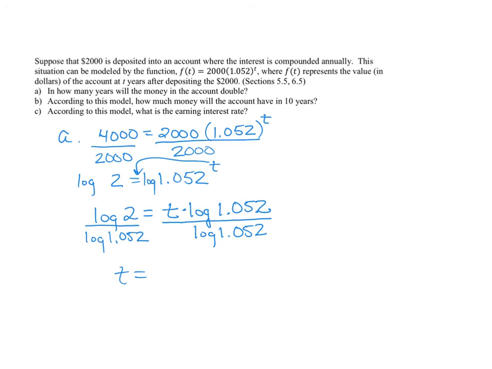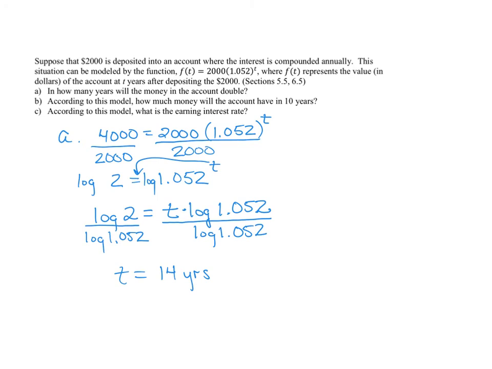And the answer that I get, in how many years will the money in the account double? I get in 14 years. I am rounding up because I got 13.673. Okay, that takes care of A.